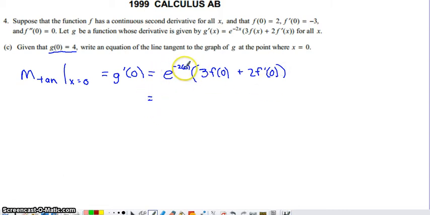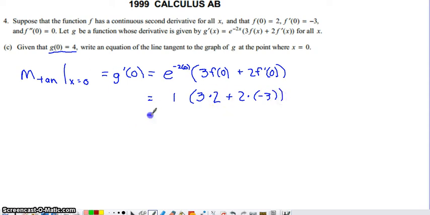Well, negative 2 times 0 is 0. E to the 0 is 1. Anything to the 0 power is 1. So we have 1 outside the parentheses. They told us, and we used it earlier, what f of 0 is. F of 0 is equal to 2, right? So I can put 2 right in place of f of 0. So if I do that, and then also put negative 3 in place of f prime of 0, we actually have a pretty simple expression to evaluate here.